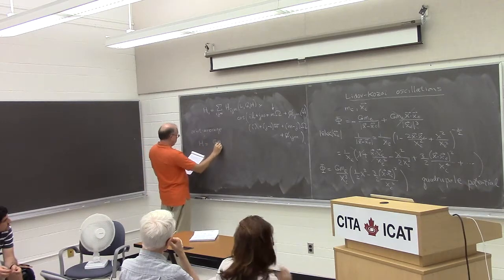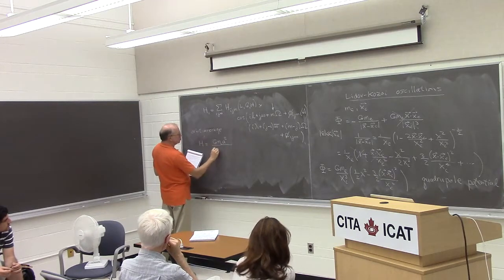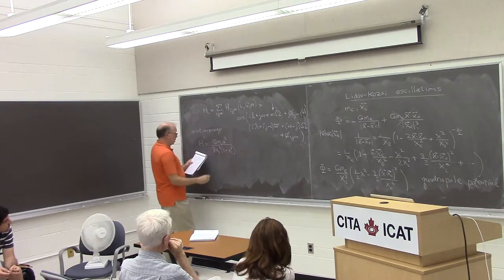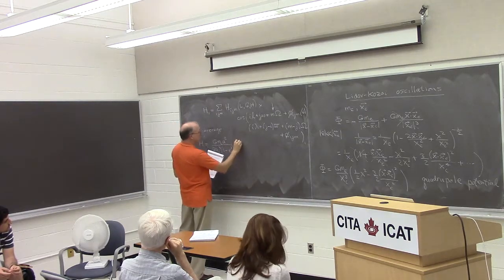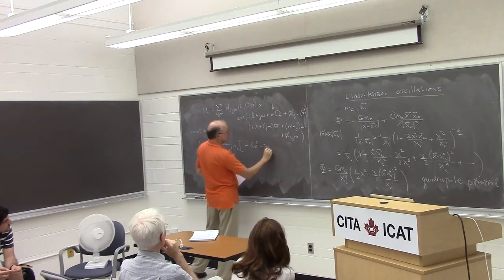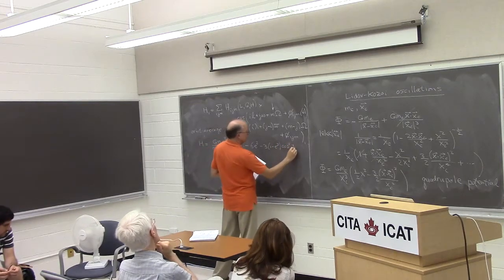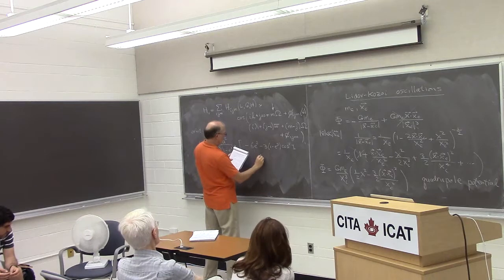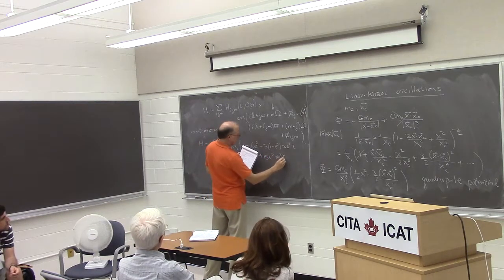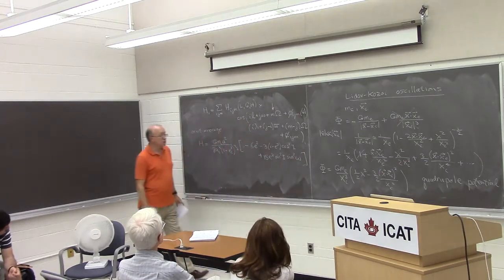After the two averages, we get G M_c, a squared, over the companion's semi-major axis cubed, times the companion's (1 minus e_c squared) to the 3 halves, times 1 minus 6 e squared minus 3 (1 minus e squared) cos squared of the inclination, plus 15 e squared sine squared of the inclination sine squared of the argument of pericenter.